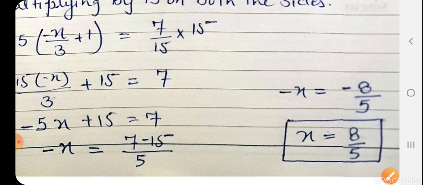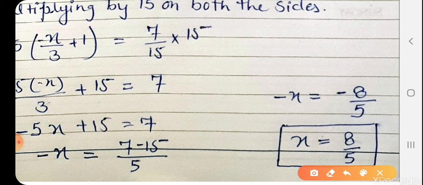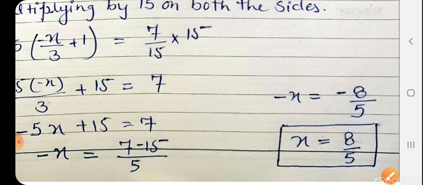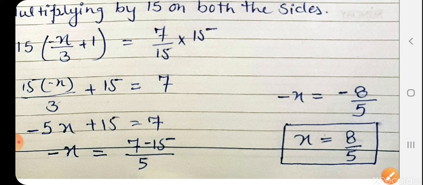So see what happens next. 7 minus 15 is minus 8 upon 5. So minus x equals minus 8 upon 5, so x will be equal to 8 upon 5. So here the exercise 2.1 is completed.